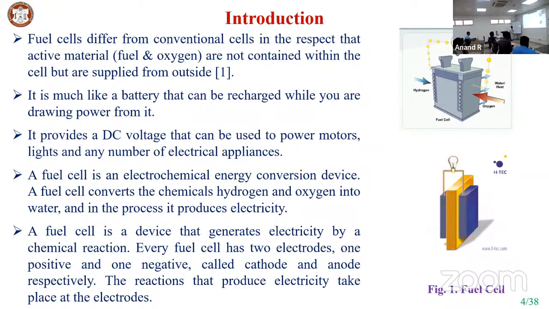Then the catalyst for anode, catalyst for cathode, then catalyst for the diffusion. Then we need to produce the electricity, so electricity associated components are also part of it.